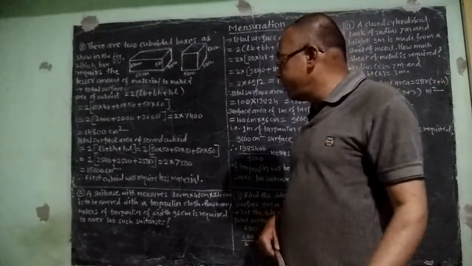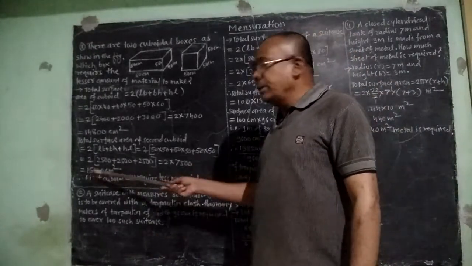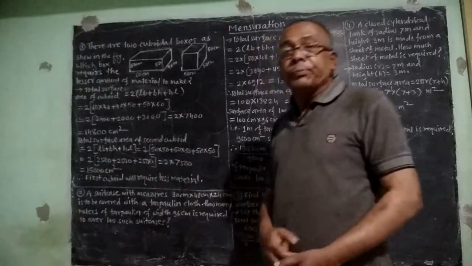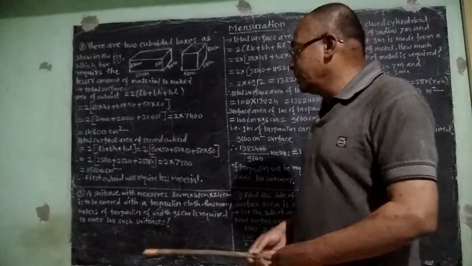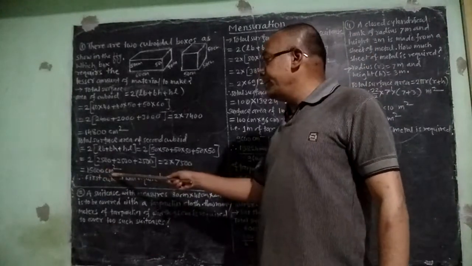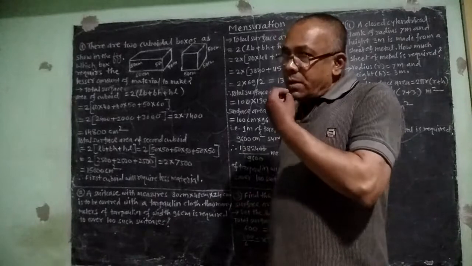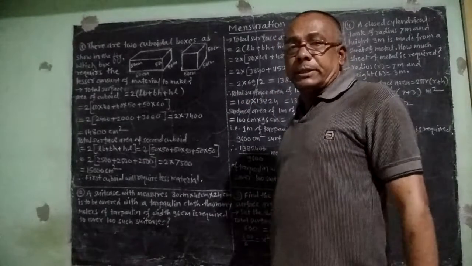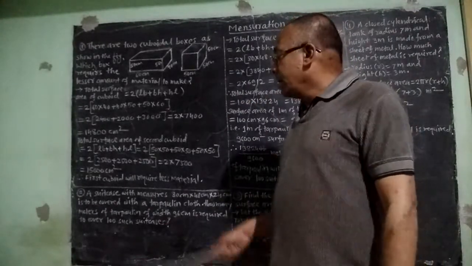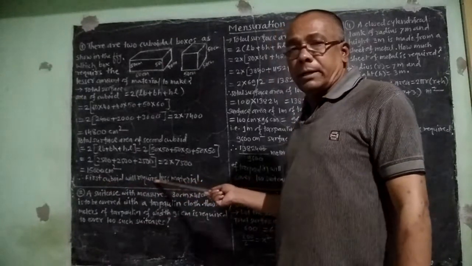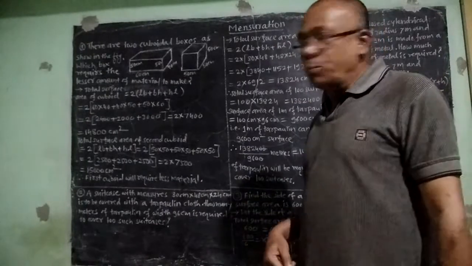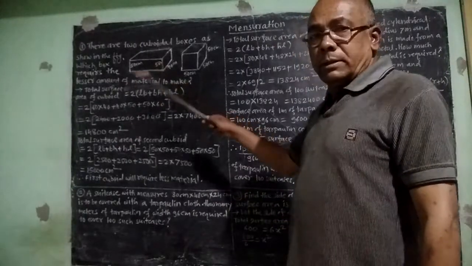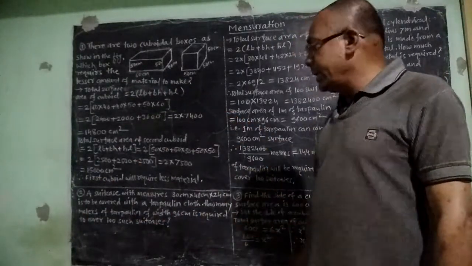After multiplication we will get the product 15,000 centimeter square. That is the total surface area of the second cuboid is 15,000 centimeter square. Now from both the total surface areas it is seen that the first cuboid will require less material. The first cuboid will require the less material.